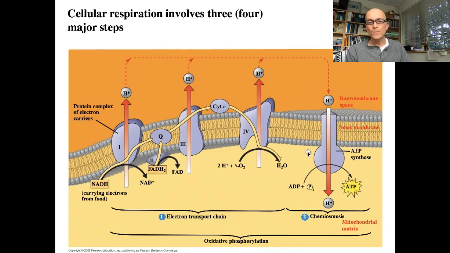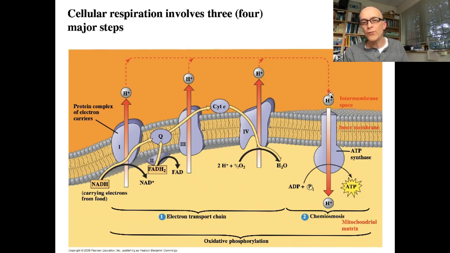In the meantime, we have the electron transport chain, and the main point of the electron transport chain is to set up an electrochemical gradient. So if you want to think about this in two steps, this part sets up an electrochemical gradient, and the electrochemical gradient is then used in this part where the ATP synthase takes all these hydrogens.